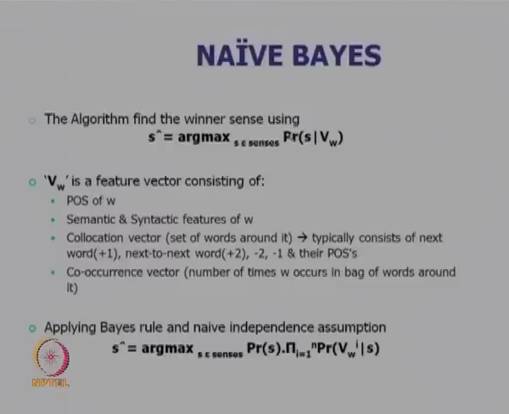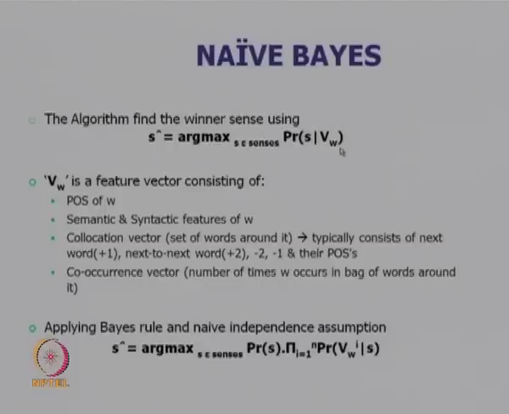So, as the formula shows, we have S hat, which is the target sense of a word W, and the argmax maximizes the probability over various senses of the word W. What is this term V_W? W as such is never used for disambiguation. V stands for vector, a feature vector which is constructed based on W and the words in its environment.